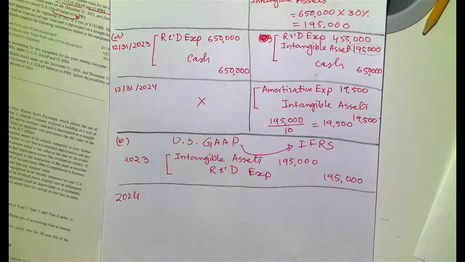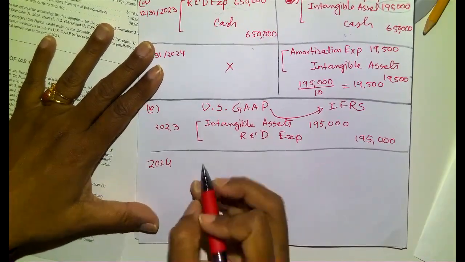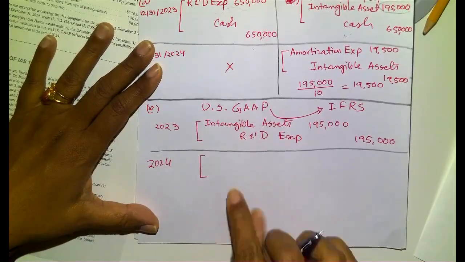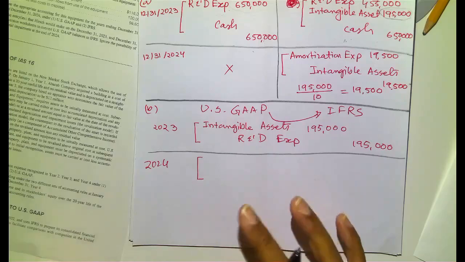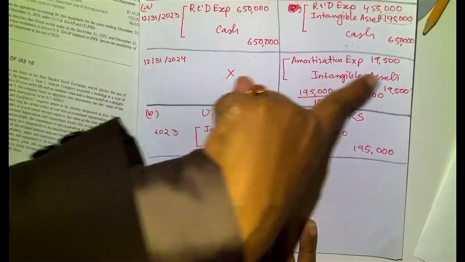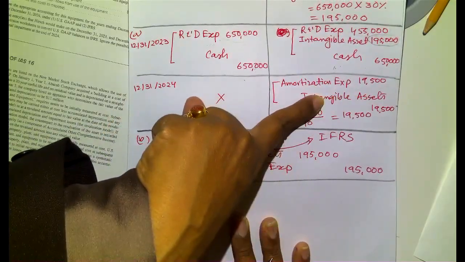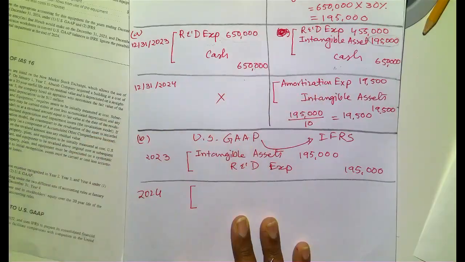So for this one, we have to do a couple of things. First, we will do amortization expense. You can do it in one entry or two entries. First, they didn't do any amortization expense or intangible assets. So I will do that, right?